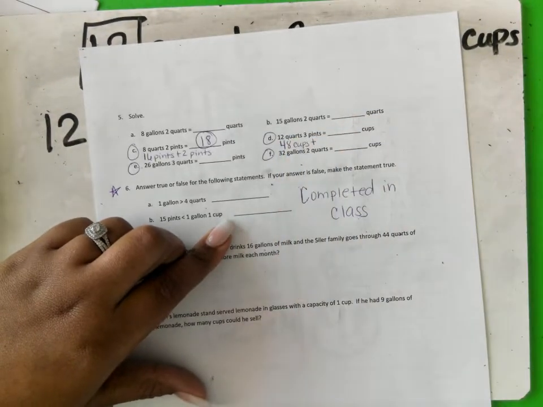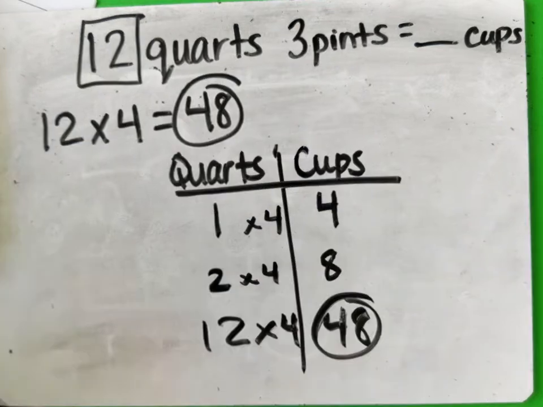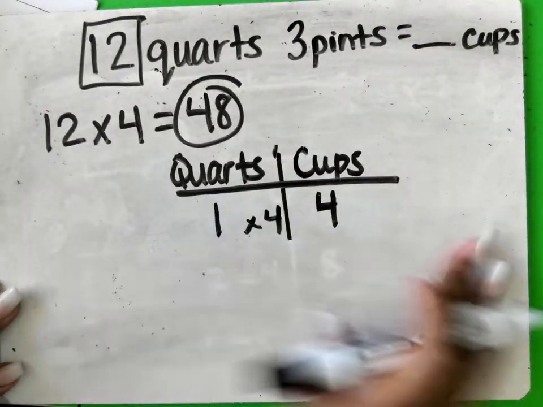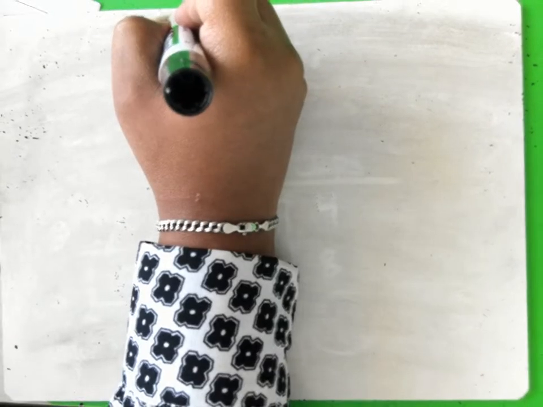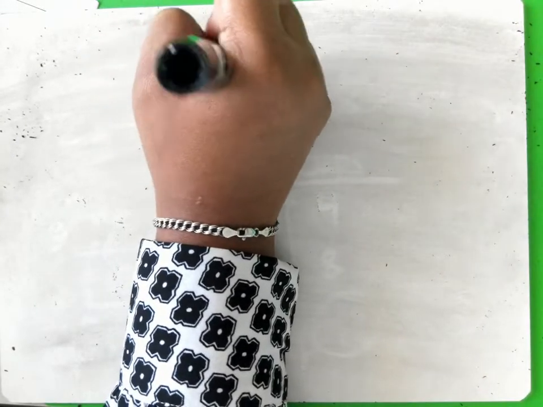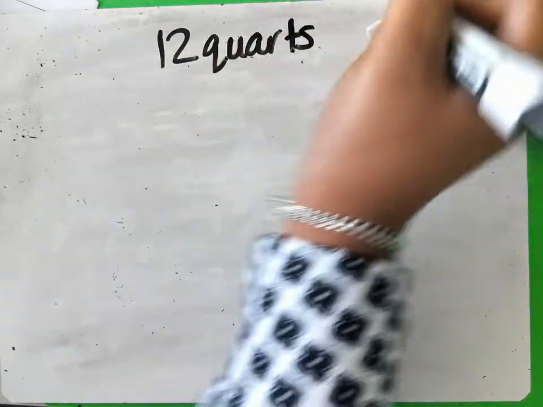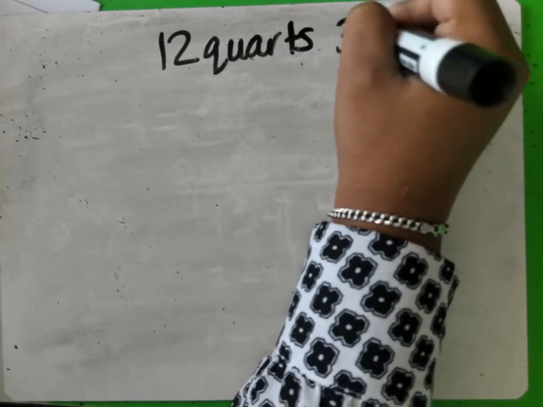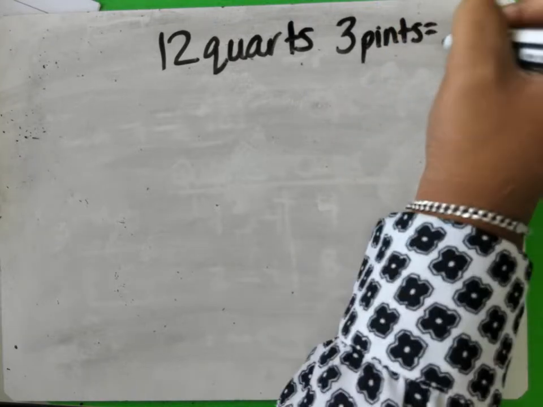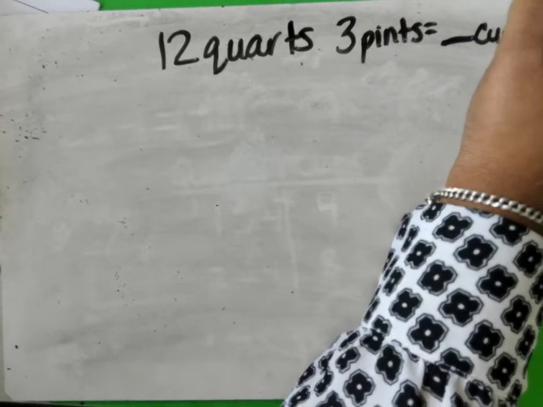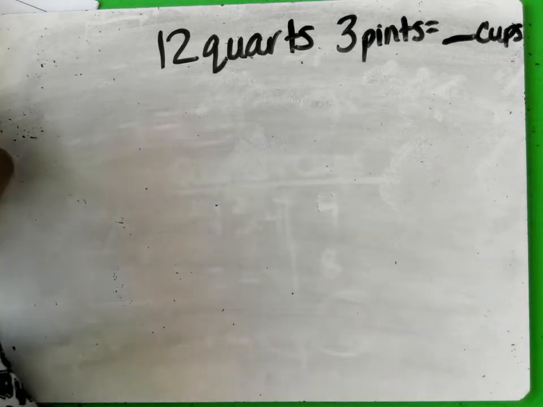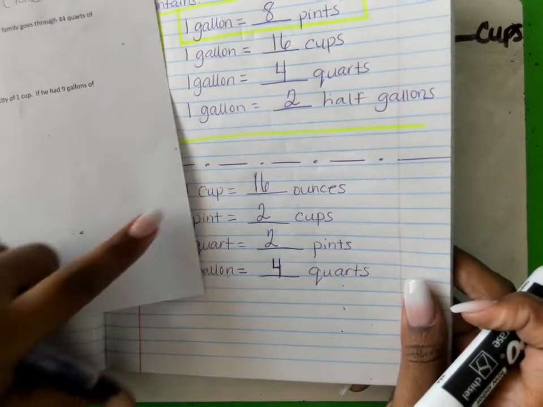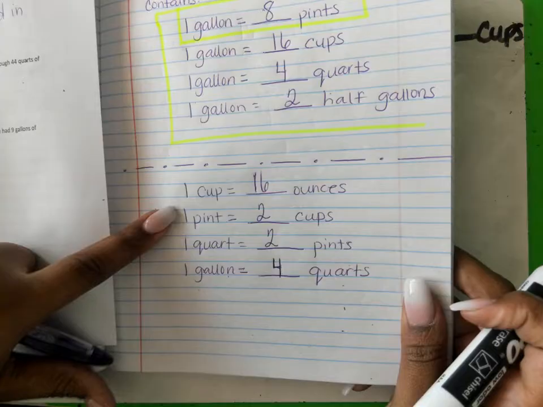Now I have to convert my 3 pints to cups. So how many cups are in a pint? Okay, let's see. I'm trying to find my 3 pints now. I didn't mean to erase that. Okay, so pints. Let's see. I know that 1 pint is 2 cups.